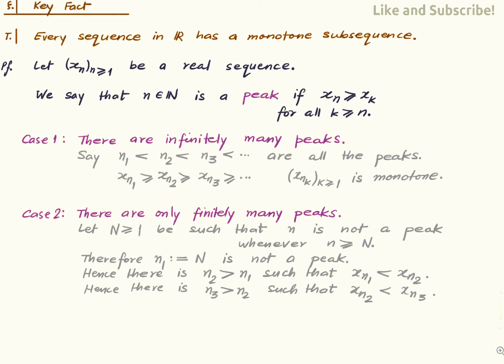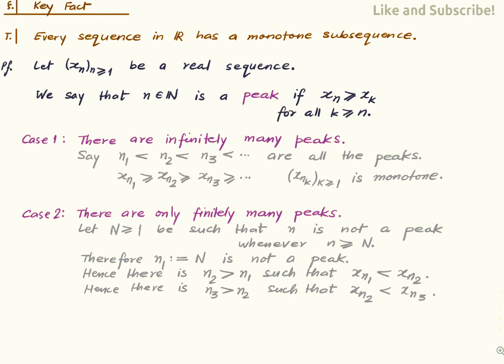And you can continue. You can find n4, n5, n6, and these inequalities will show you that you have in fact a strictly increasing sequence. Okay. So this finishes the proof of this particular theorem, a very important theorem.